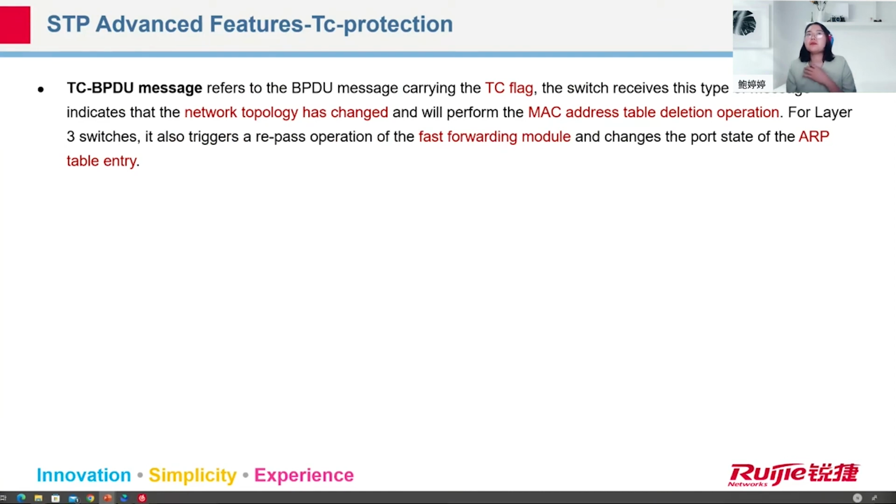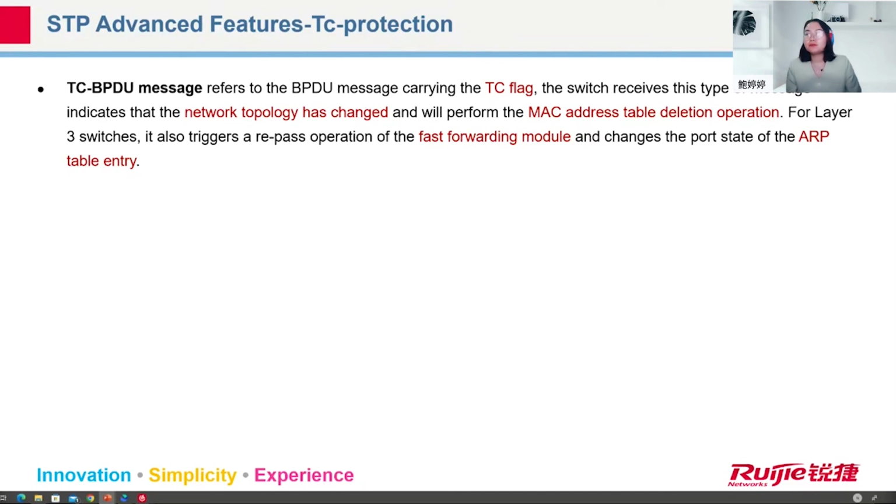And another one is TC protection. This one also is very useful. What do you think is the function of the TC BPDU? Can anyone remember the function of the TC BPDU?